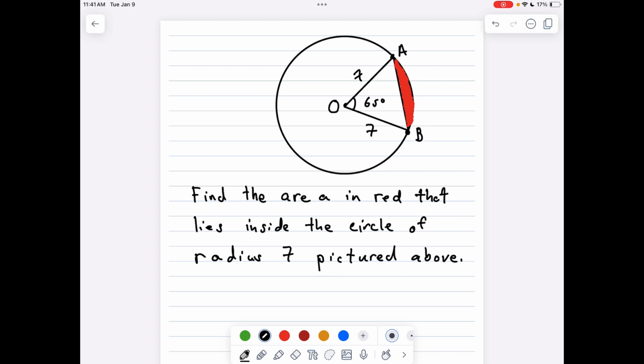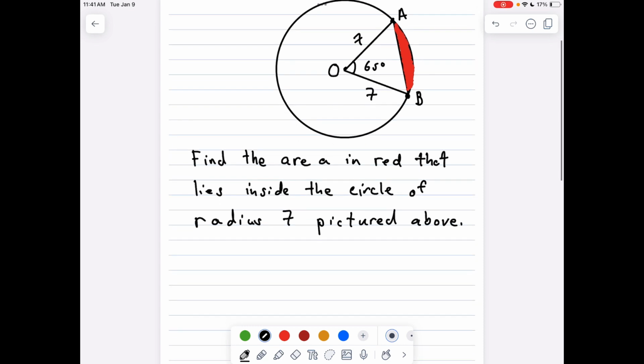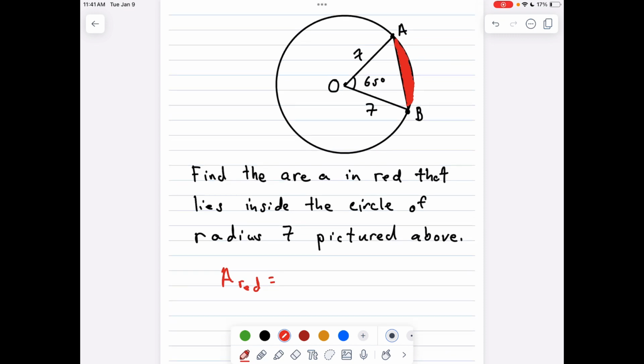Now, the idea to find that area in red, let me call that A red here, is as follows. This often happens in this class where you're finding the area of a specific little region, and it amounts to looking at the difference between two areas.